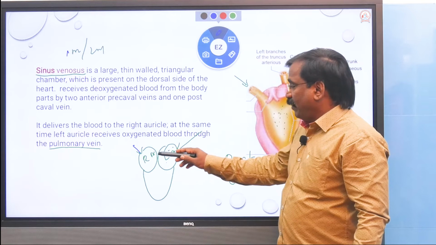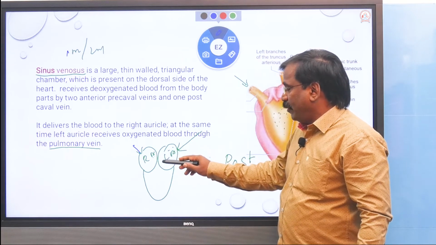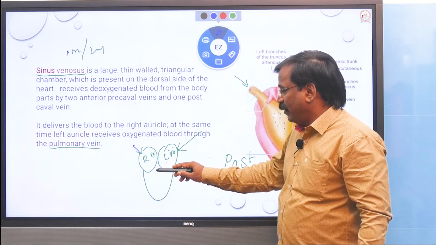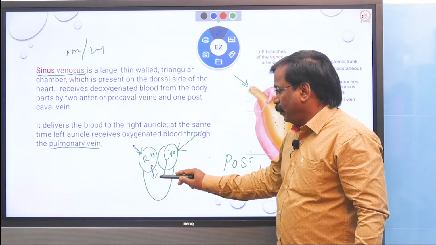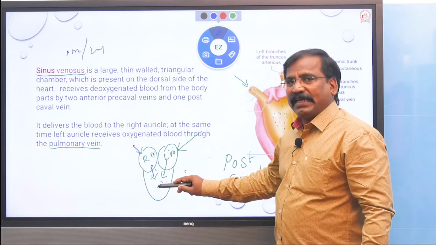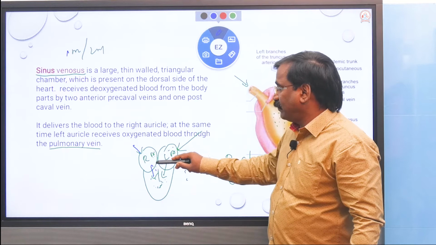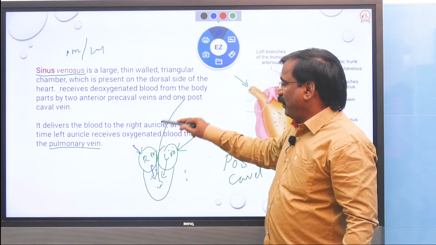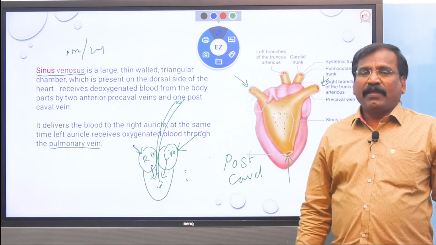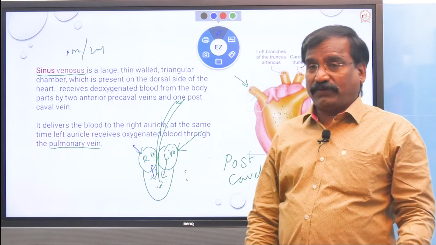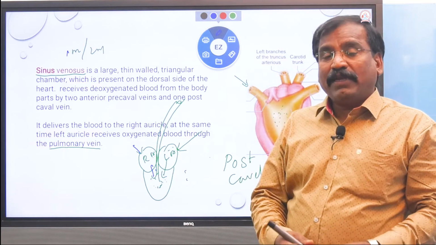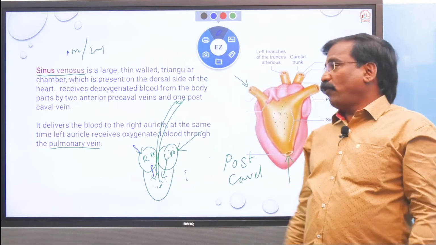After receiving, the auricles contract, and both the pure and impure blood reach the ventricle. When the ventricle contracts, the blood goes through a blood vessel, the Truncus Arteriosus, that carries and distributes the blood to all the parts.